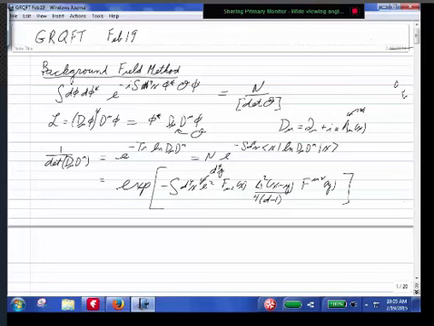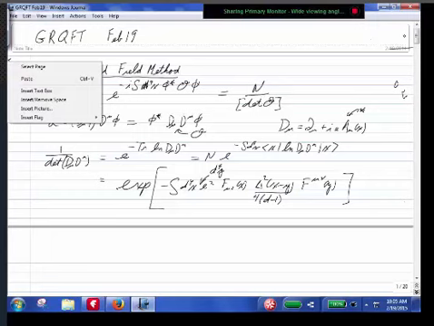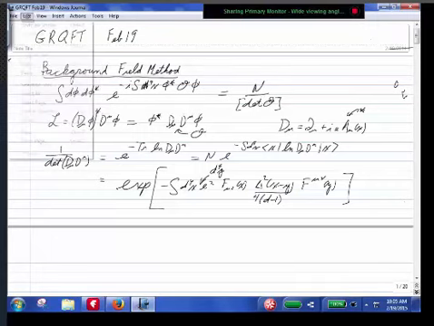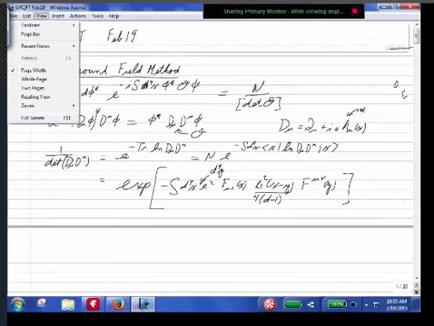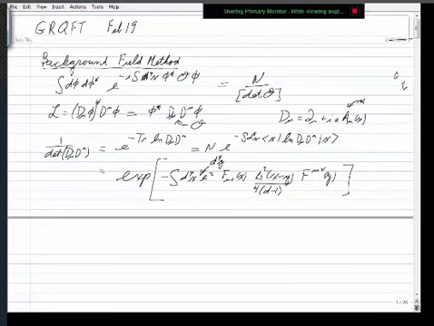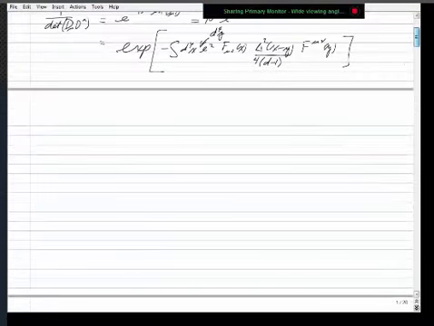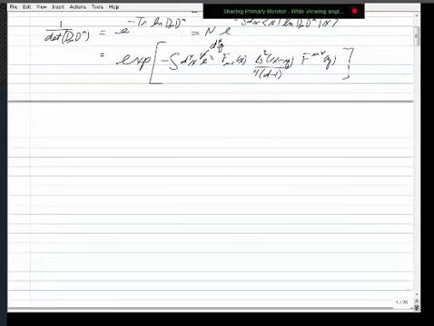Sorry, I need this in the exponent, so the exponent is minus integral d⁴x with e² F_μν(x) δ²(x minus y).